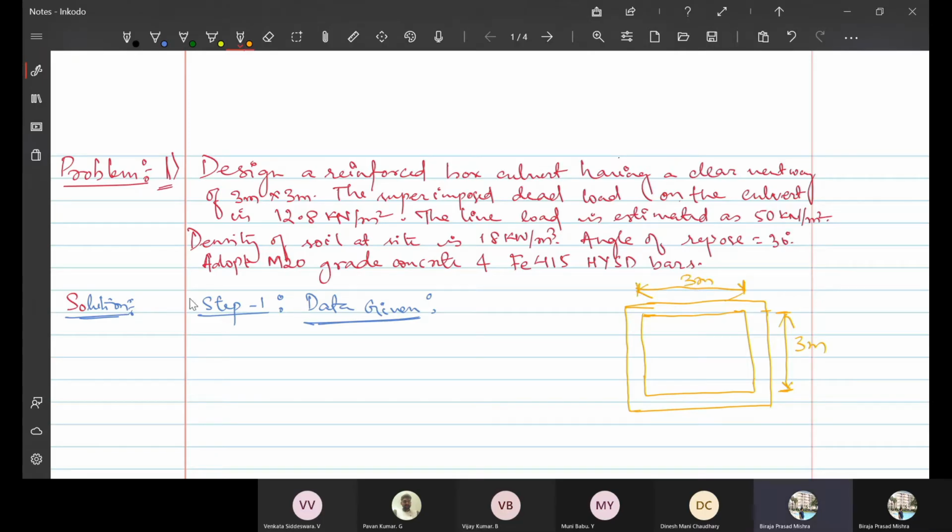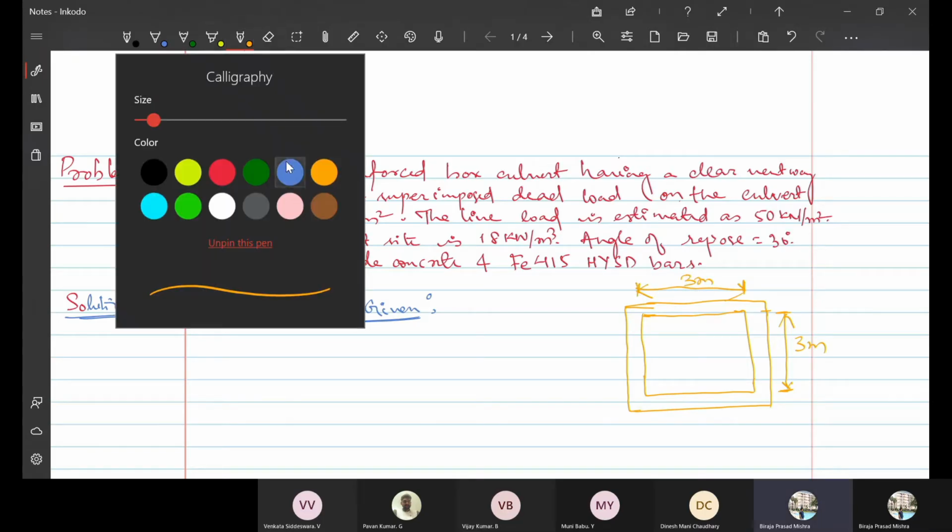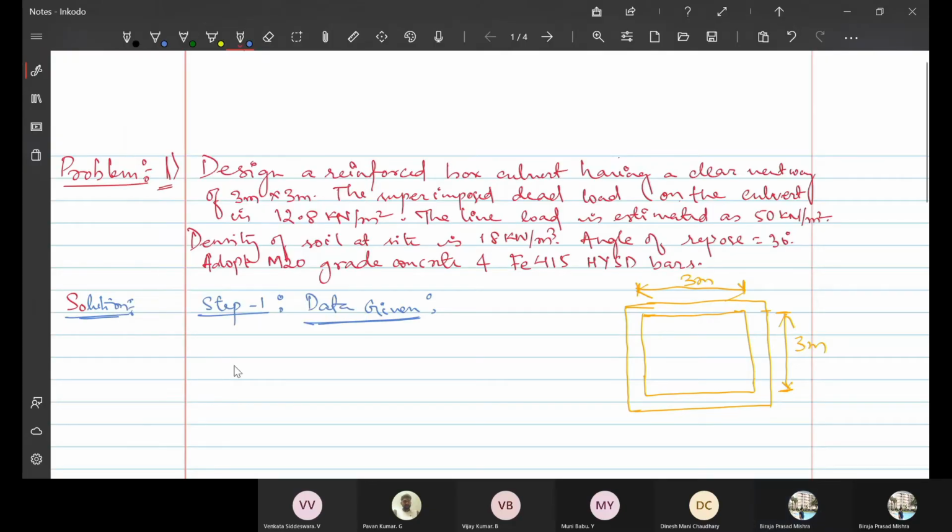From this, what we can conclude is the first one is the clear span. Clear span equals 3 meters. And the height of vent equals 3 meters.